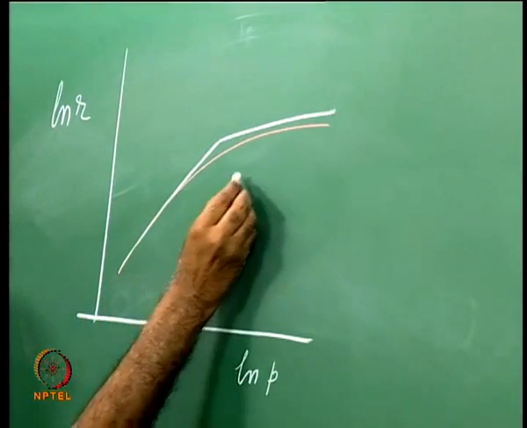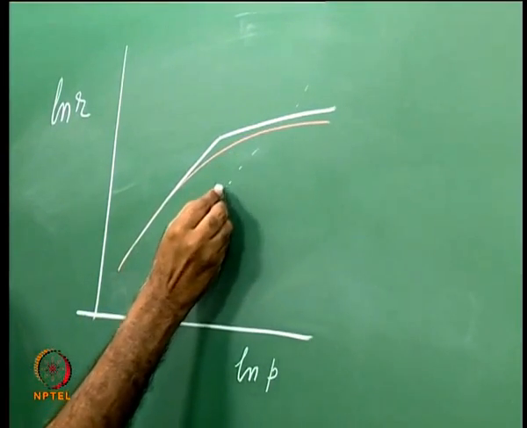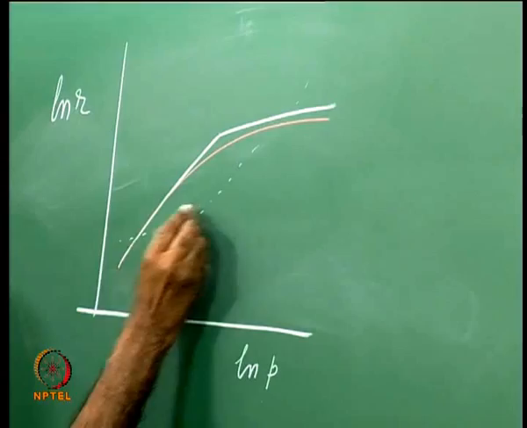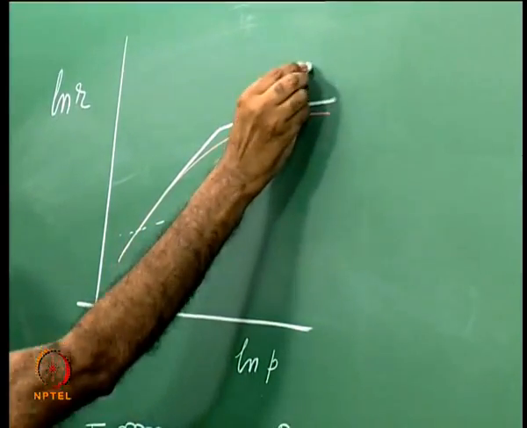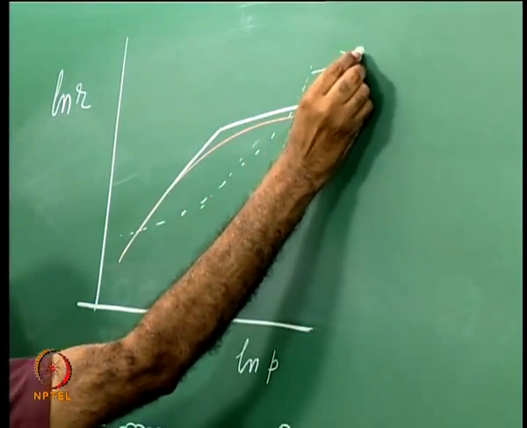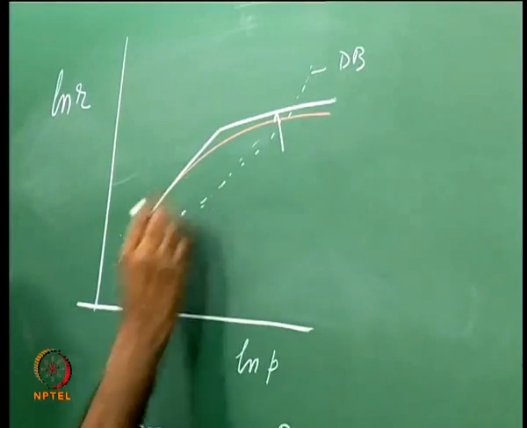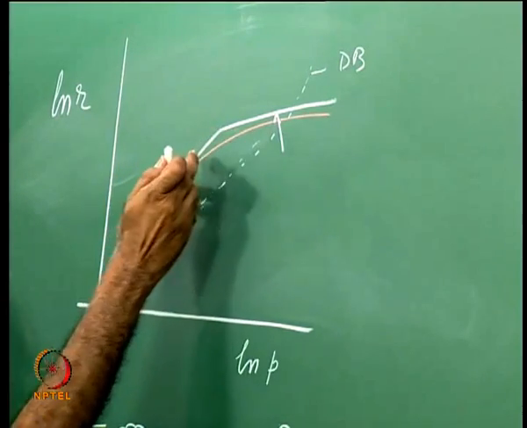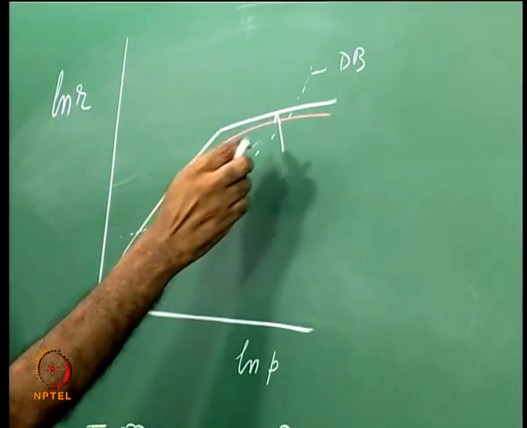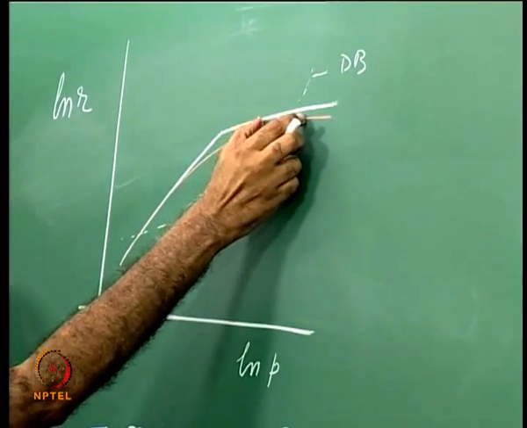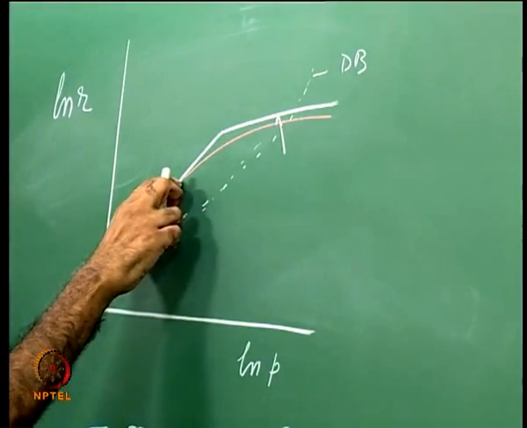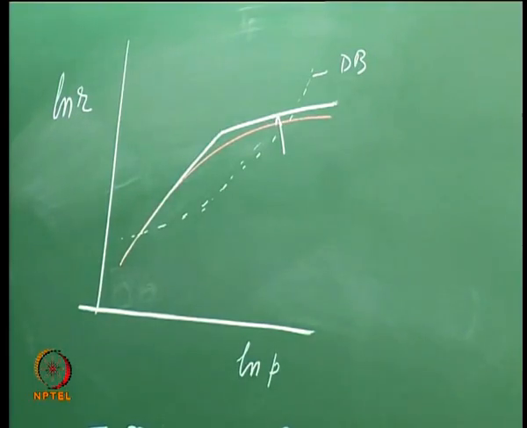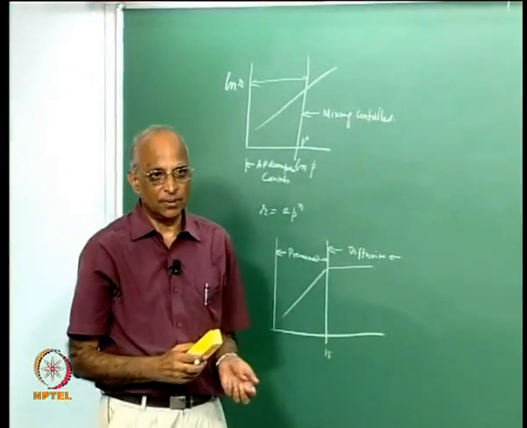We had a steeper slope at higher pressures and a lower slope at lower pressures, whereas in the case of composite it is the reverse: higher value of n at lower pressures and smaller value of n at higher pressures. I think this distinction must be clear.